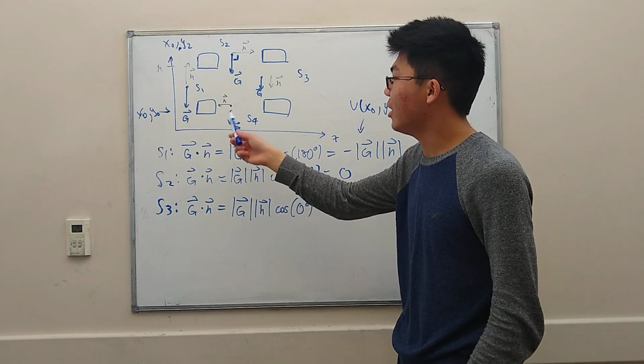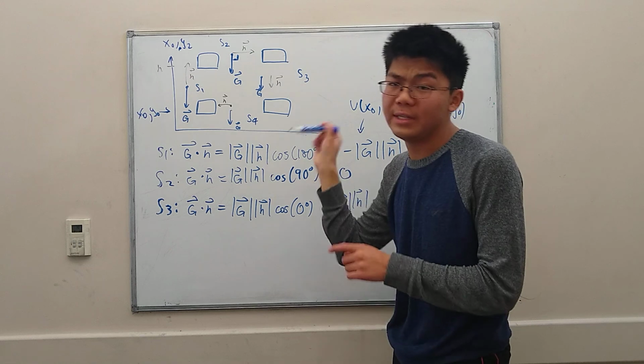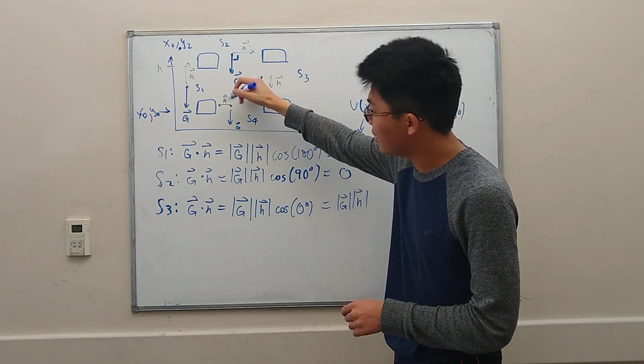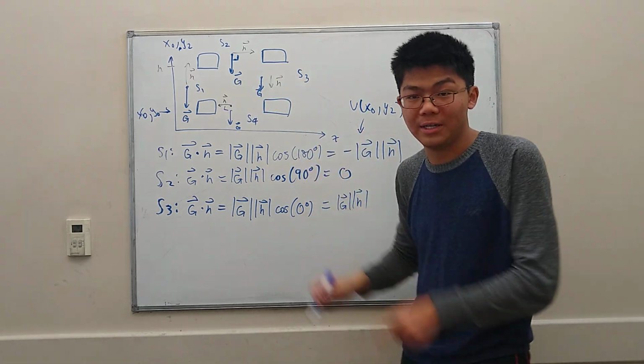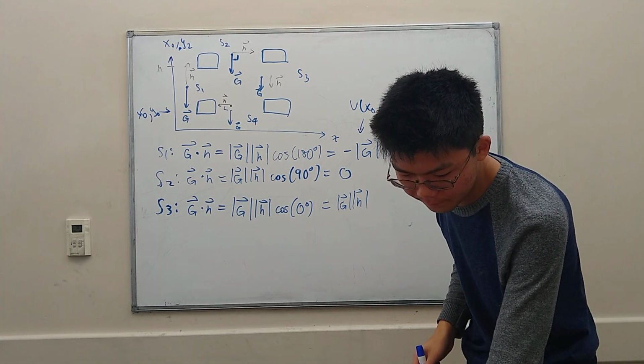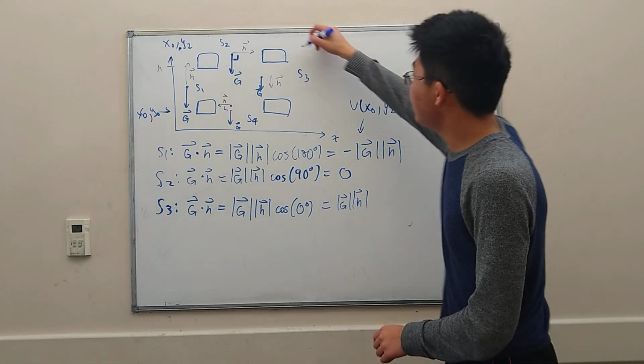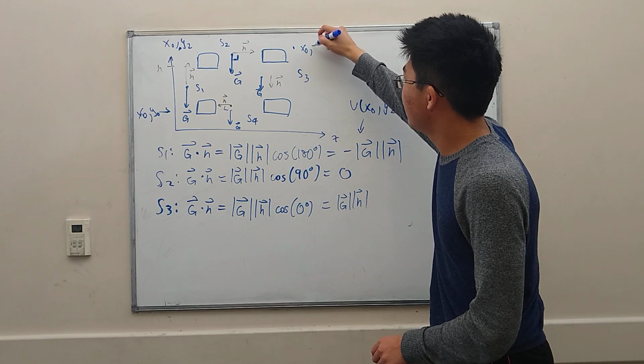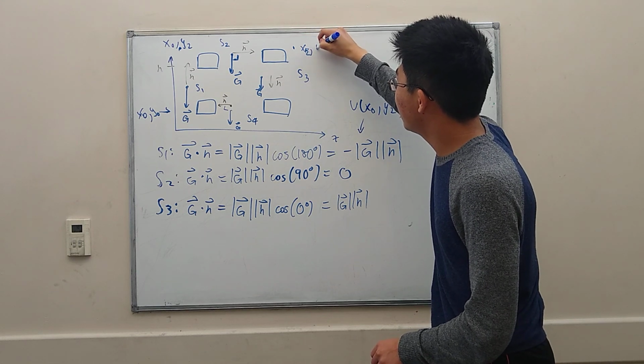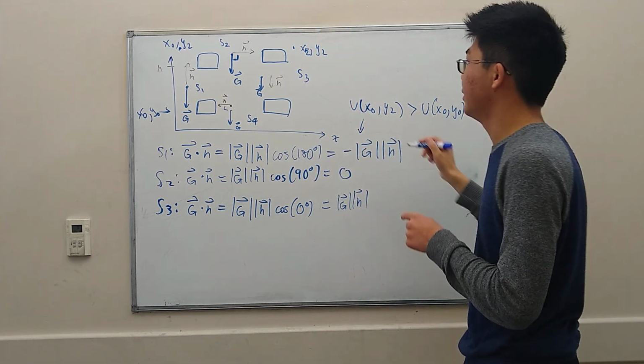And for S4, I'm not going to do it, but just know that it's very similar to S2, because these two vectors are also 90 degrees apart. In this case, let's call this x2 and y2.